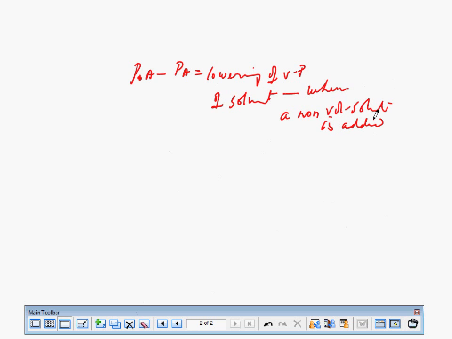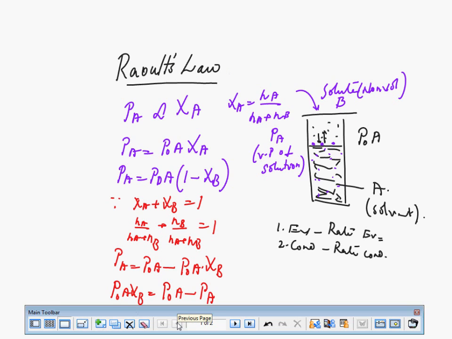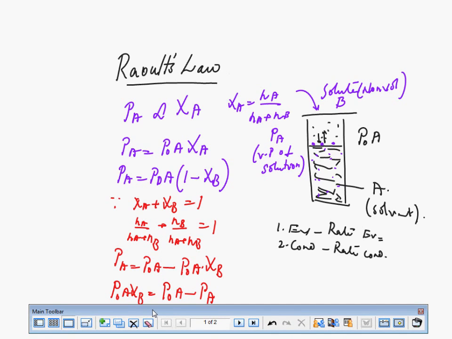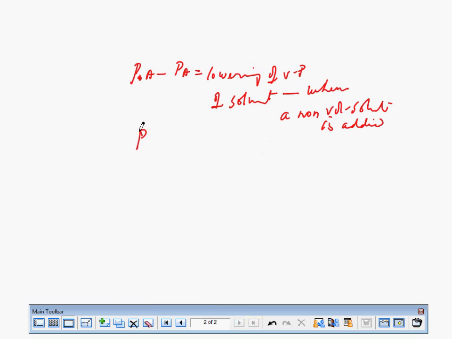Is that right? So this is what you have seen. P0A minus PA is lowering of vapor pressure. And that is found to be P0A XB. So can we say P0A XB is the lowering of vapor pressure, P0A minus P of A, which means what is XB?